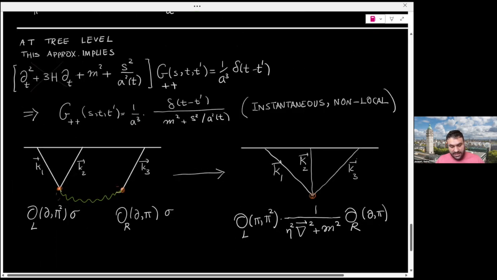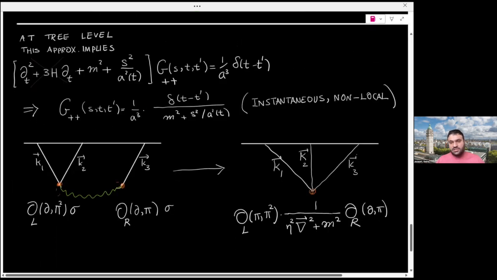But let me just say that at the tree level, what does this approximation amount to? So the approximation we are in tells us that for the bulk-to-bulk propagator, for the Feynman propagator, basically in the equation of motion, we can ignore the time derivatives, and the bulk-to-bulk propagator is basically proportional to a delta function.